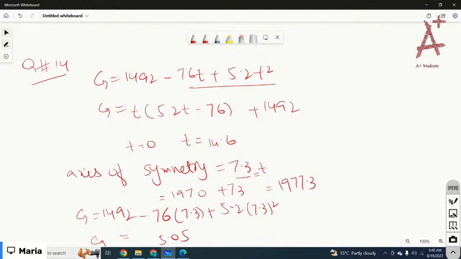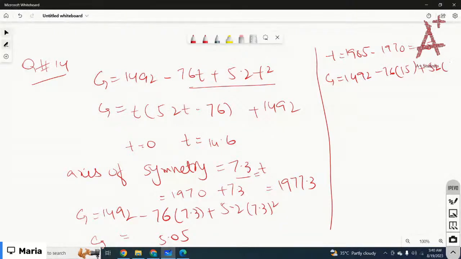To determine the amount of gold mined in 1985, you have to do T equals 1985 minus 1970. That would be 15. Let's just solve this equation for 15, right? Replace the T with 15. So G equals 1492 minus 76 times 15 plus 5.2 times 15 square.